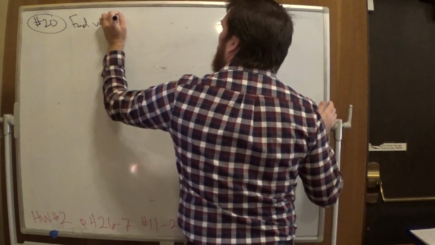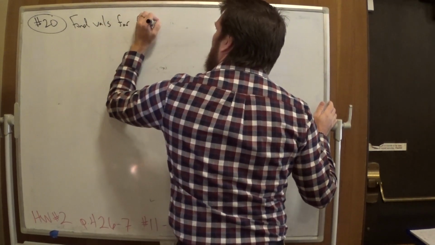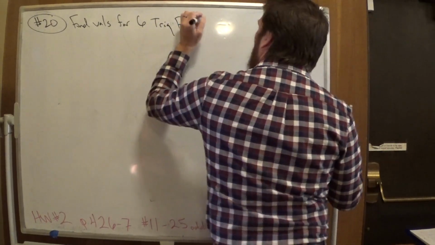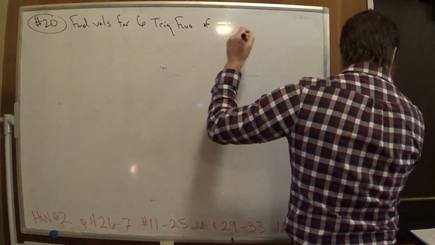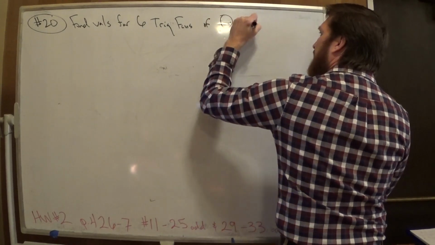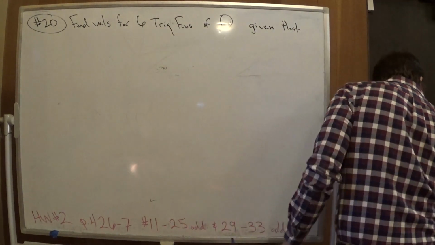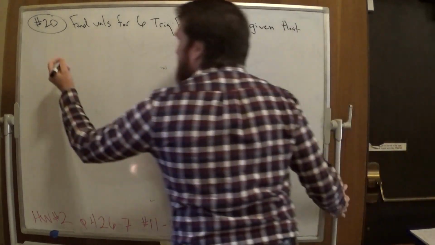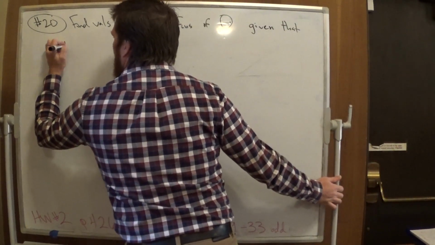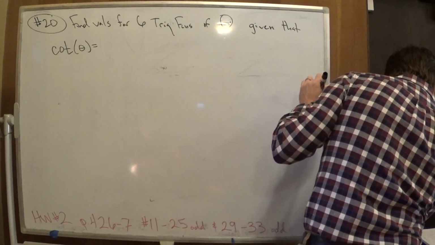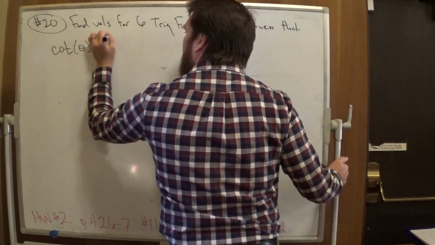Find exact values for the 6 trig functions of theta, given that, and in this case for number 20, it says cotan of theta is equal to 7 over 24.